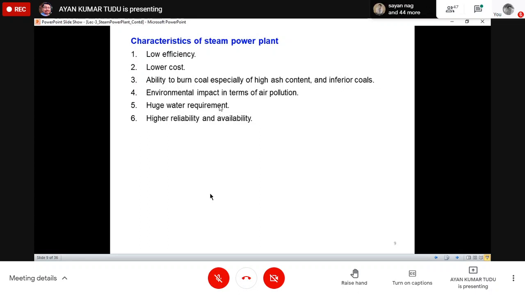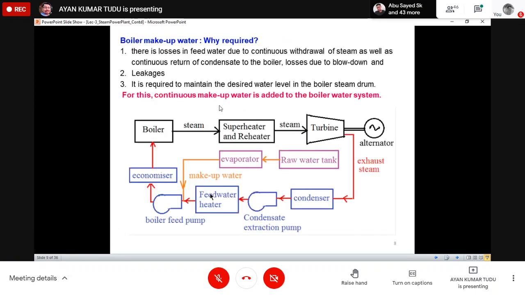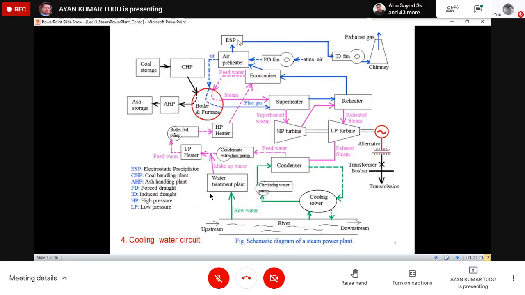Environmental impact in terms of air pollution: obviously the environmental impact should be as low as possible, and for that reason we have used ESPs. If you see the figures, this is the ESP, or the electrostatic precipitator, which prevents the soot particles.